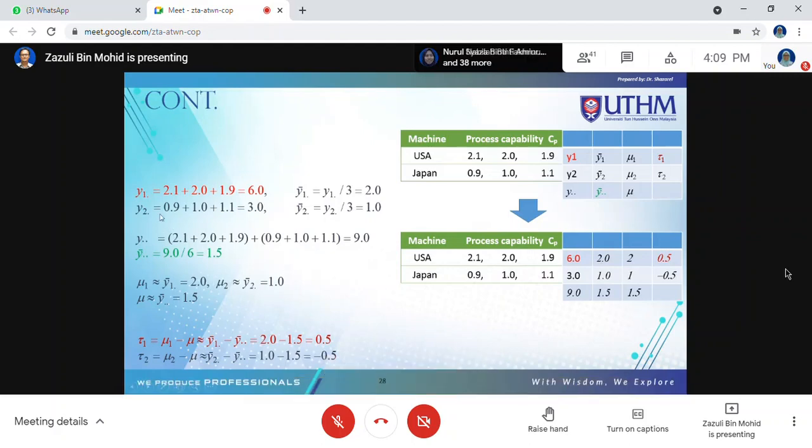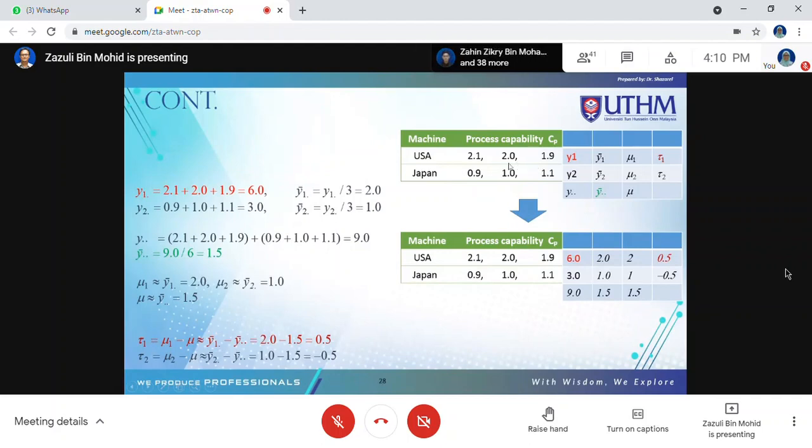we have y1 is 2.1 plus 2.0 plus 1.9. We have a 6. Okay, whereby y1 is the accumulated value of results from one level, and y bar is the mean value, whereby you divide 6 by 3, you get 2.